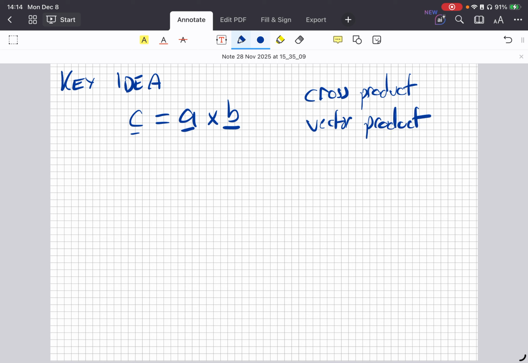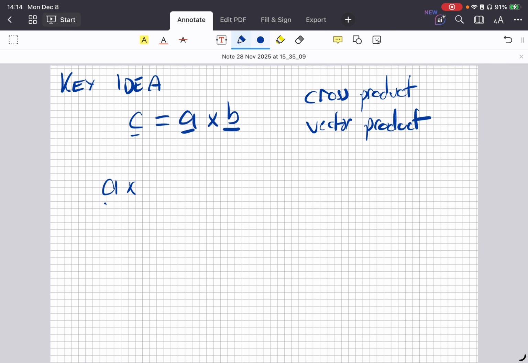Now, the definition of the cross product, A cross B, is given by the magnitude of A times the magnitude of B times the sine of the angle in between them. I wanted to give you some intuition about what this means and sketch this out geometrically.